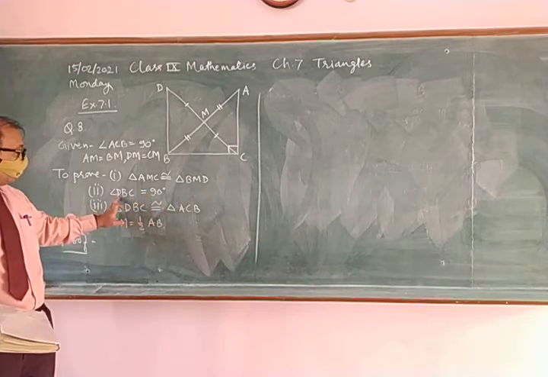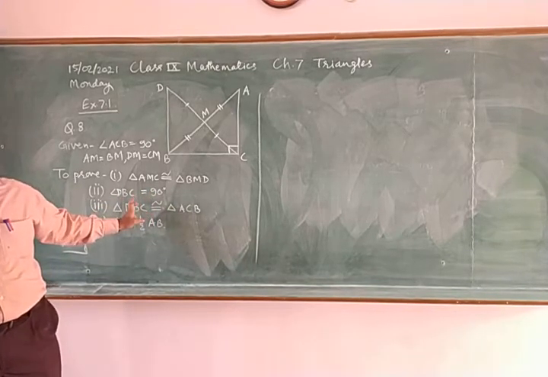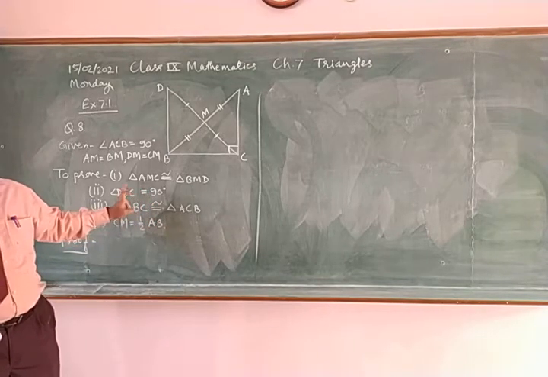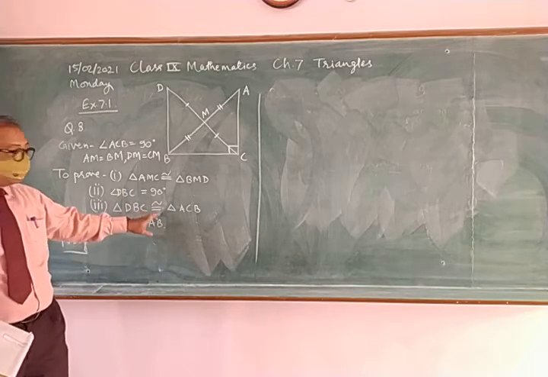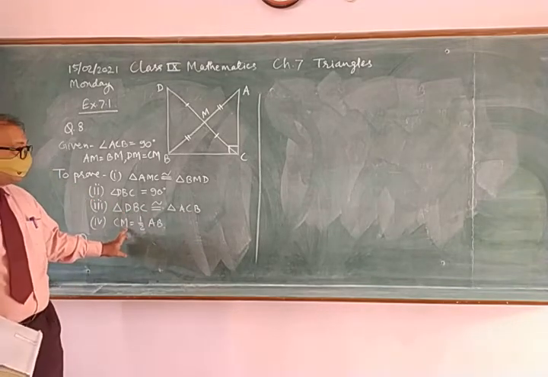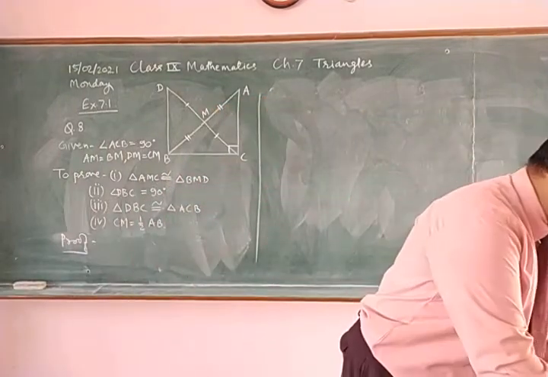Second, angle DBC is a right angle, meaning angle DBC is equal to 90 degrees. Third, triangle DBC is congruent to triangle ACB. And the last, CM is equal to half of AB. Look here, how we prove it.